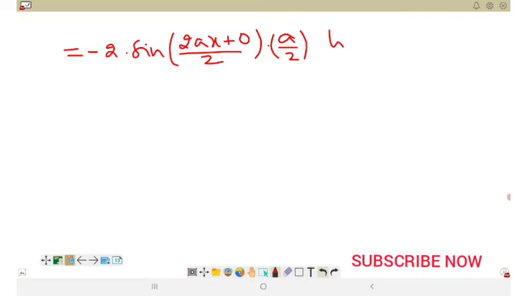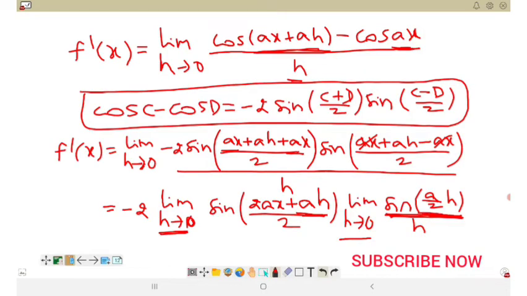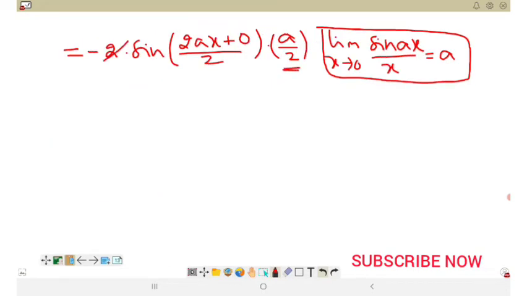So 2 ones are minus a into sin ax. So f dash of x is equal to minus a into sin ax.